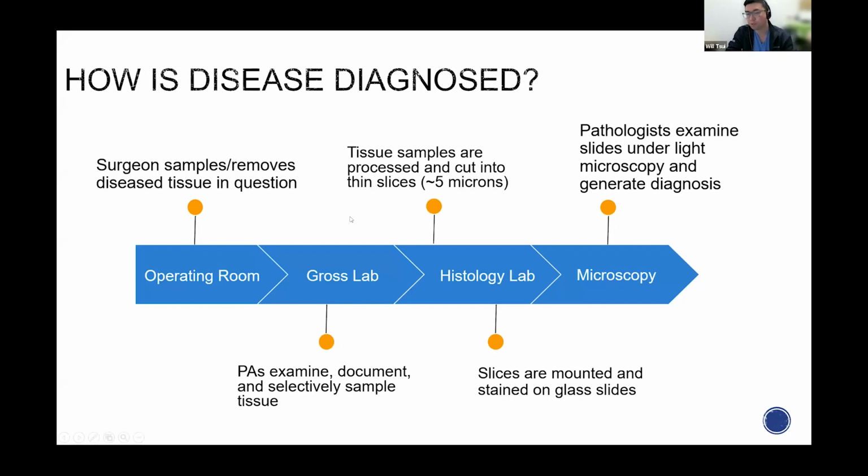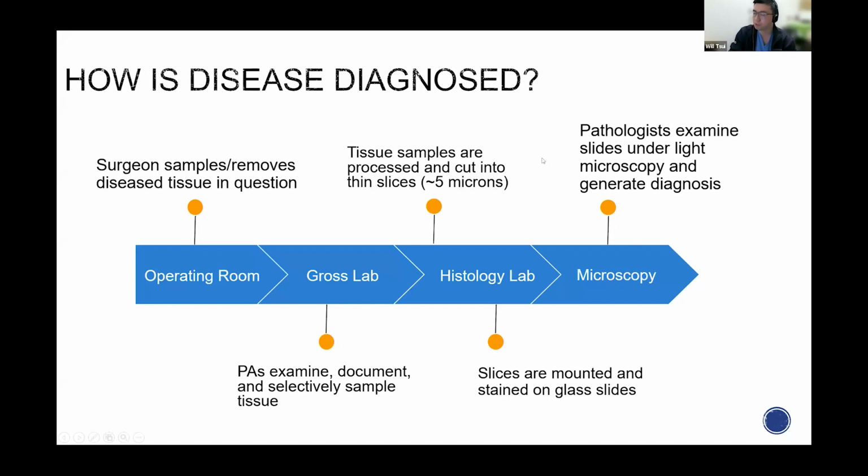Then the tissue goes through a whole host of different processes where it gets manipulated, processed, and embedded into blocks, which is time for a different kind of lesson. The tissues are then cut into very thin slices, about 5 microns in thickness, thin enough that light can actually pass through. The main idea of the histology lab is that we take the solid piece of tissue and change it into a microscope slide.